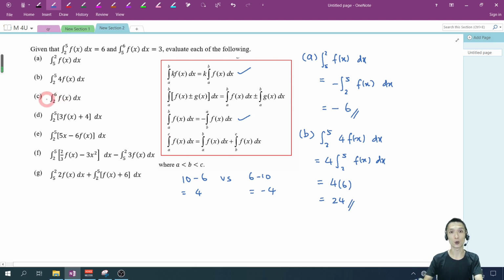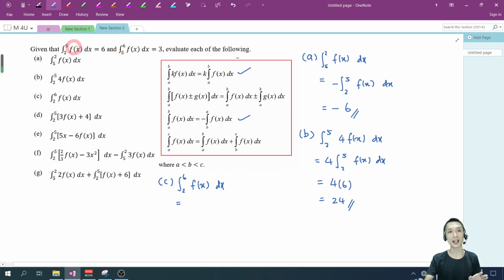Okay, now let's go to part C. This time the lower limit is 2 and the upper limit is 6. We don't have 2 to 6, we only have 2 to 5 and 5 to 6.